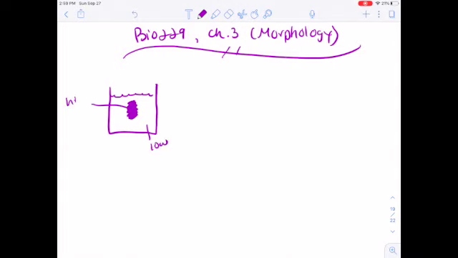There's a high concentration in the blob. This situation, where there is a high concentration of a substance in one area and a low concentration of it right next to it, is called a concentration gradient. It's having a difference in concentration of a substance from one area to the next.